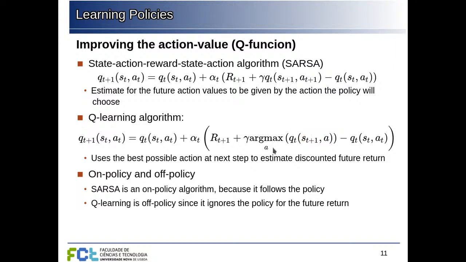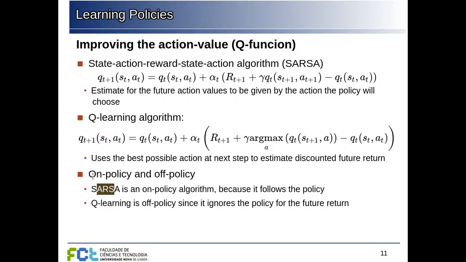So we are taking the maximum of the expected return on the next step, considering all the different actions that we can take. And if this is different from what we are estimating, then we don't have the optimal Q function here. So we can improve our Q function by adjusting it with some learning rate and keep doing this iteratively.